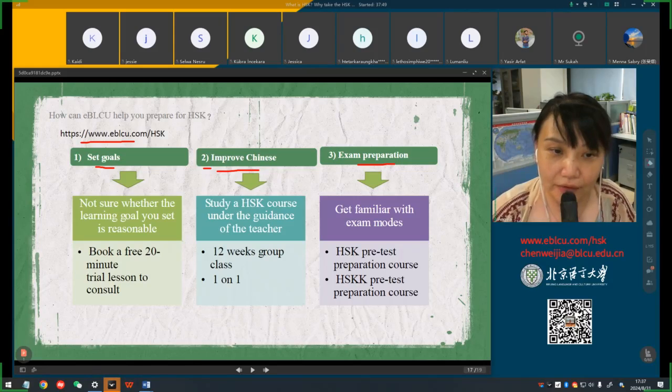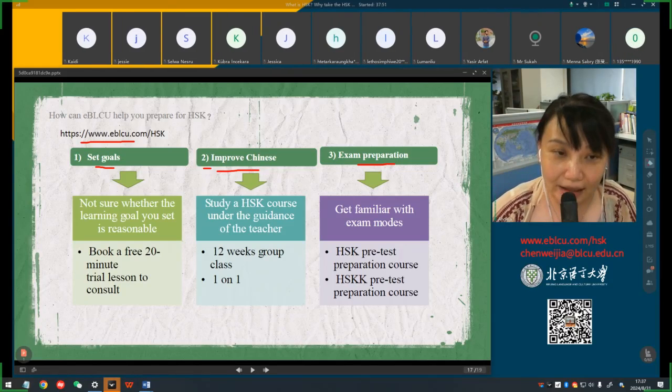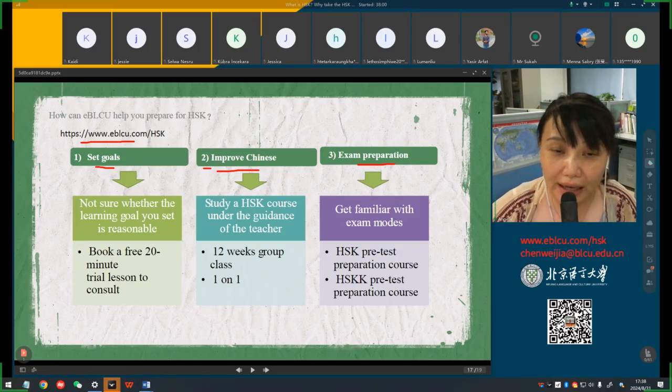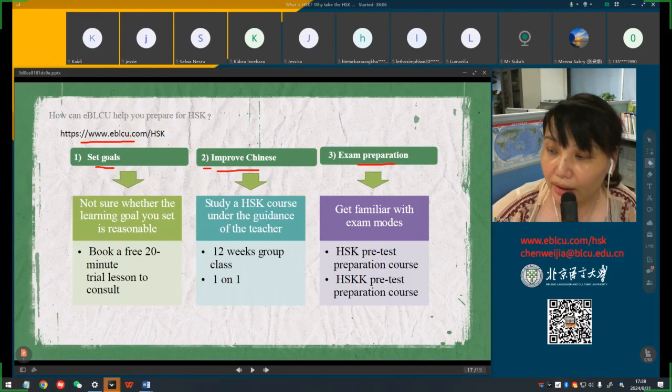So you can use any of them to study and improve your Chinese level. But for now, I suggest that if you can, taking a systematic course with a professional Chinese teacher is the best.